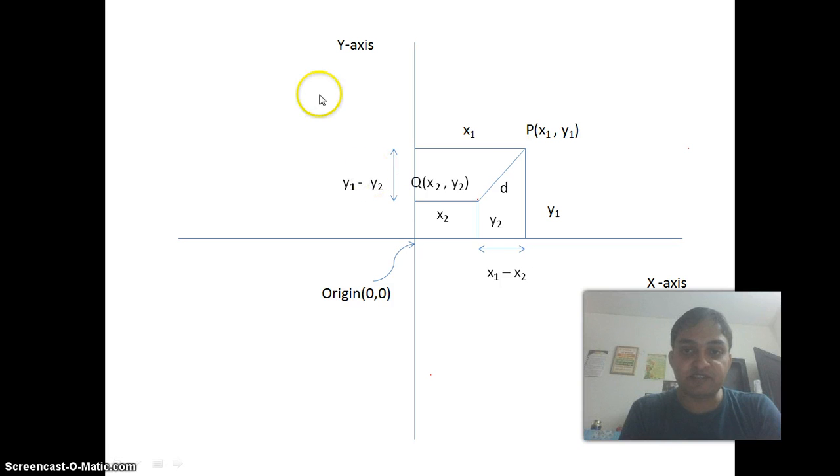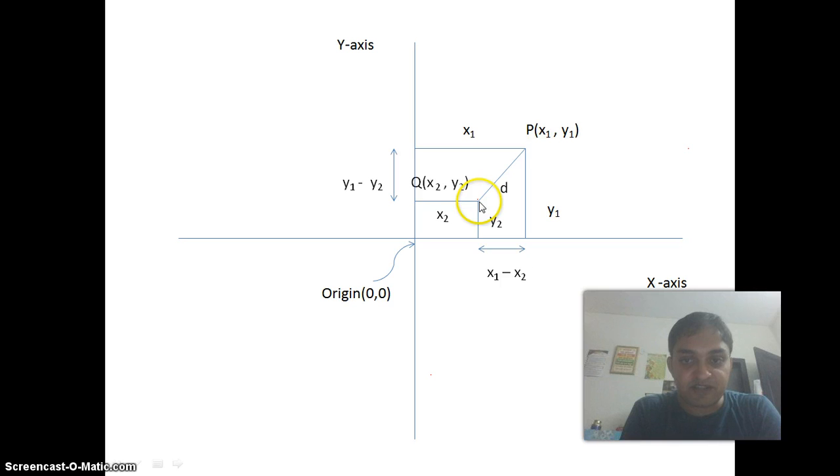Now distance between point P and point Q is the shortest distance between them, which is denoted by D. Now if we observe carefully, here this base is equal to x1 minus x2, which is the difference in x coordinates of point P and point Q. Similarly, if we observe this height is the difference in y coordinates of P and Q.